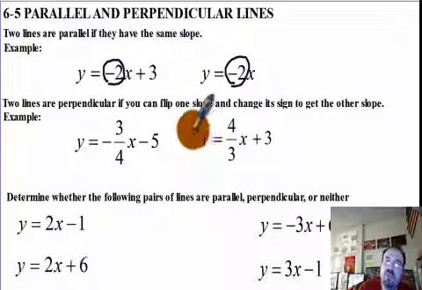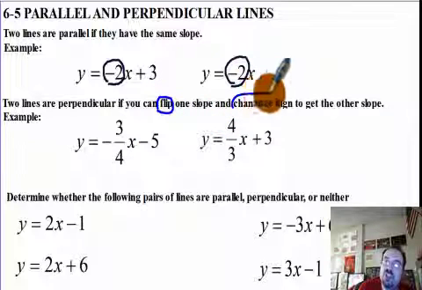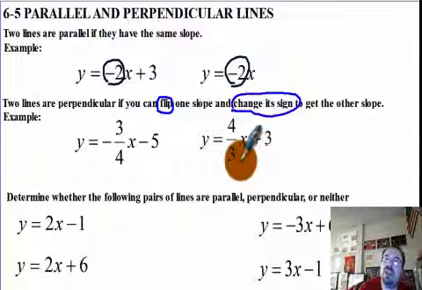If two lines are perpendicular, we say that the slopes are negative reciprocals. Now, what does it mean to be negative reciprocals? Well, it means you can just flip one of the slopes and change its sign, and that gives you the other slope.